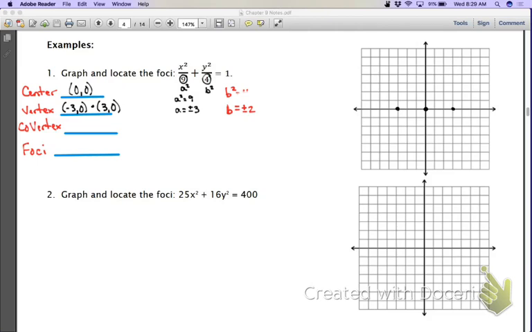So then from my center, I'm going to go up 2, I'm going to go down 2. So where are my covertices at? At 0, -2, and 0, 2.